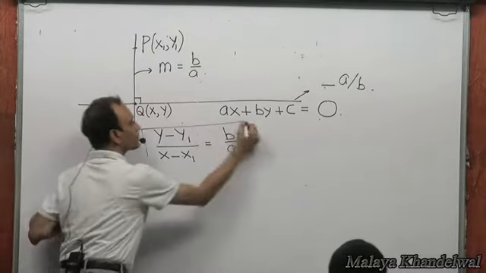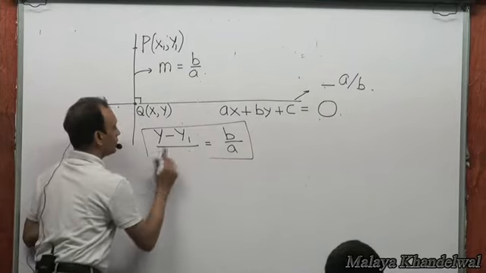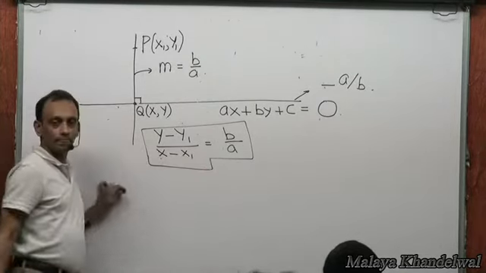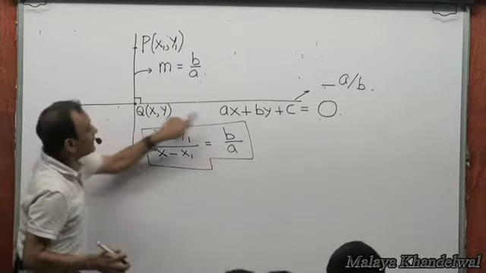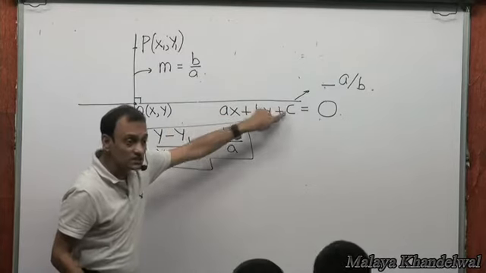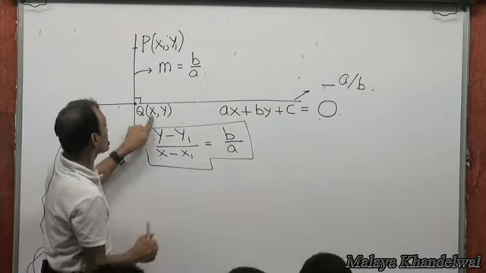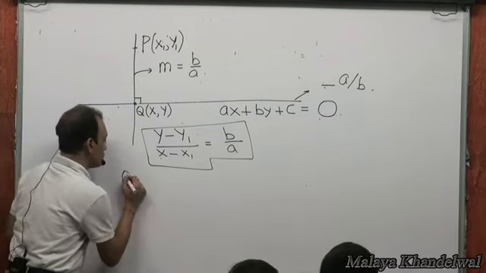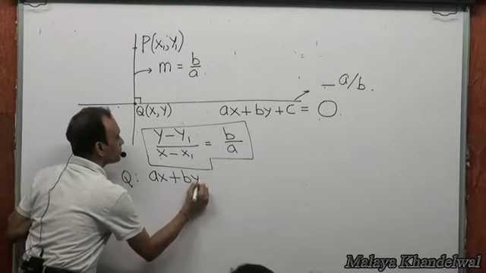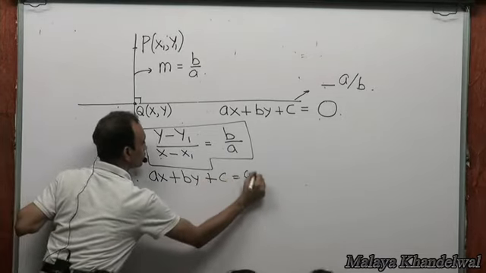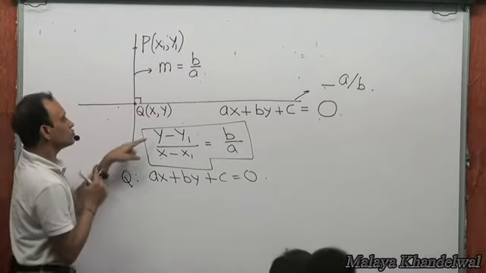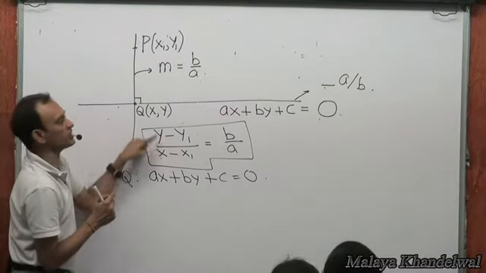Right? This (x, y) lies on this line. So this (x, y) satisfies this condition. So for the point Q, ax plus by plus c must be 0.